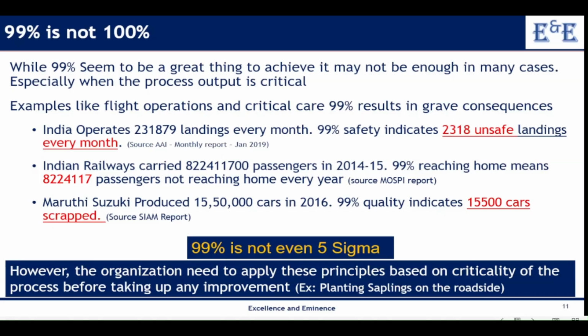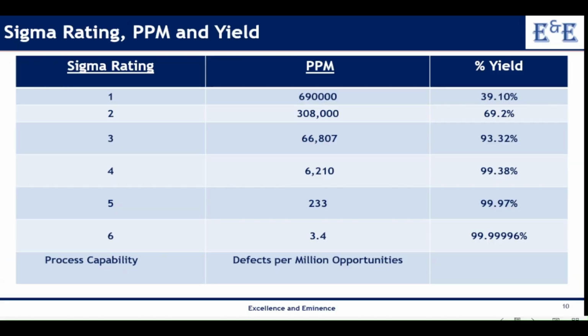Indian Railways, 82 crore passengers in 2014-15. 99% reaching home means, right? It's 82 lakh people not reaching home. Can we bear that? Similarly, Maruti Suzuki as an example, with just 99% only, you are going to lose 15,500 cars. And 99%, if you go back, 99% is not even 5 sigma, right?